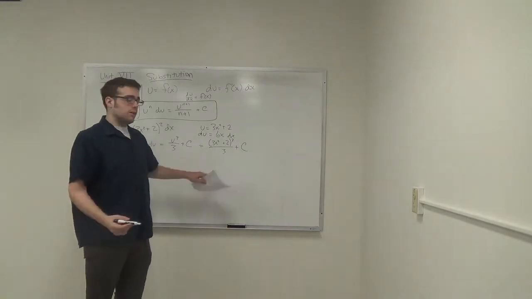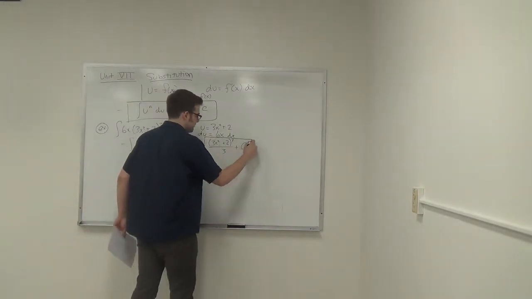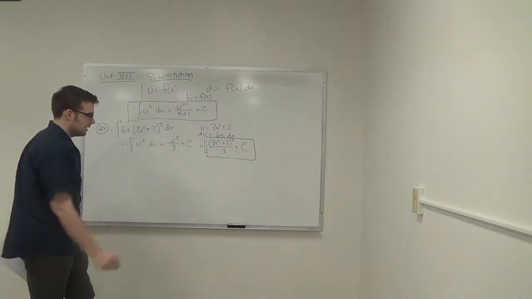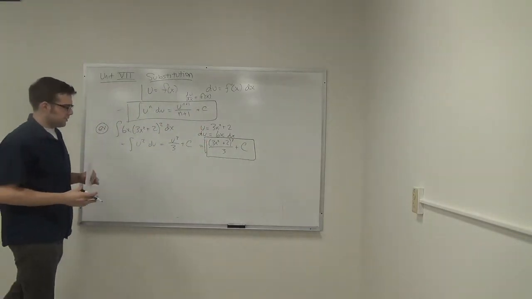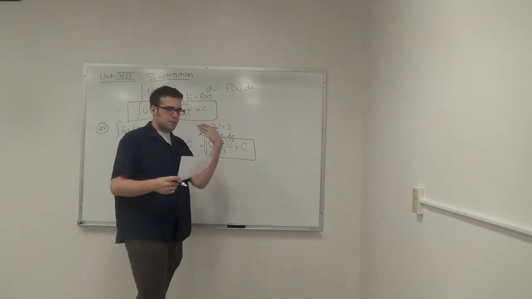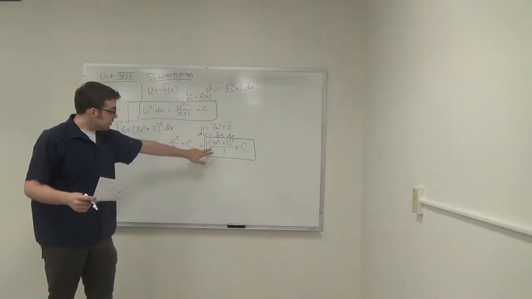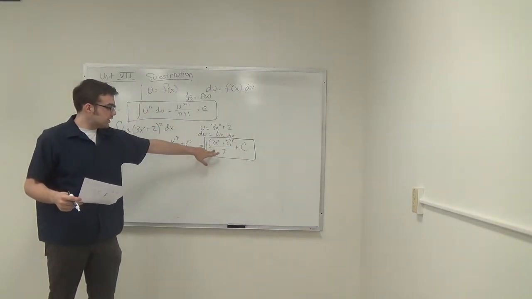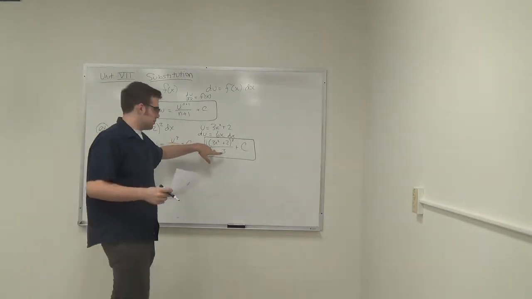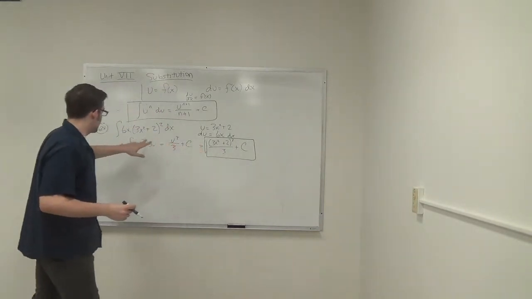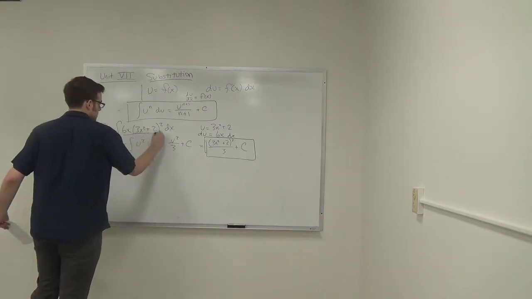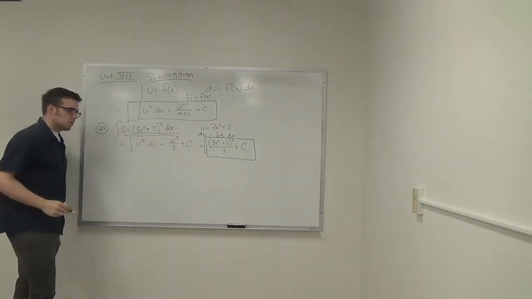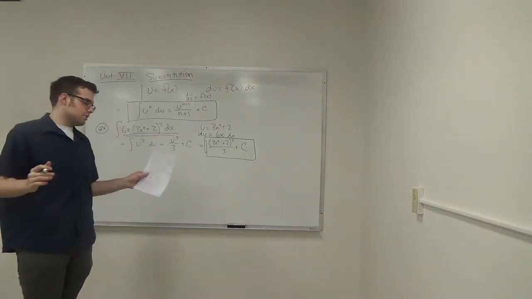And we can verify this. And as an exercise, if you so wish, you can use the chain rule to evaluate this derivative, and you will end up getting back to the term that's inside of the integral.